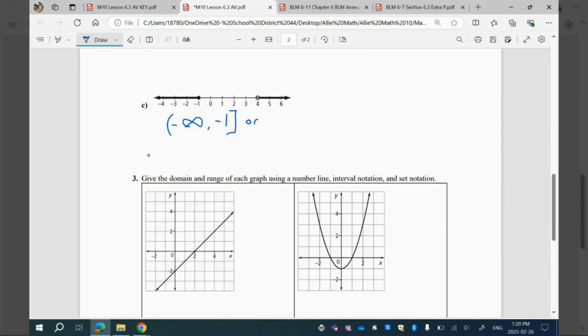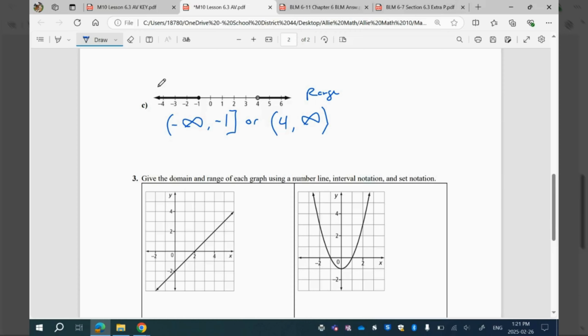Or we can have our lower end. It does not include the 4. And our upper end is infinity, goes on and on forever, and does not include that. Okay, let's call this one our range. Why not?